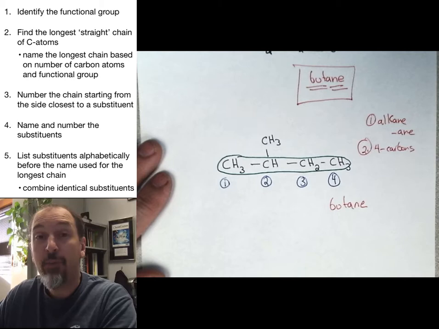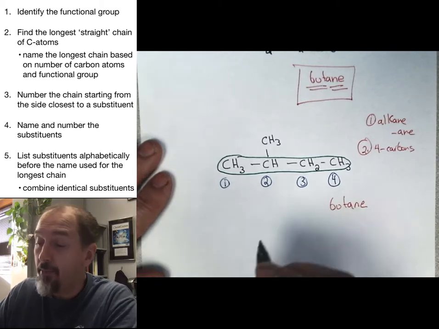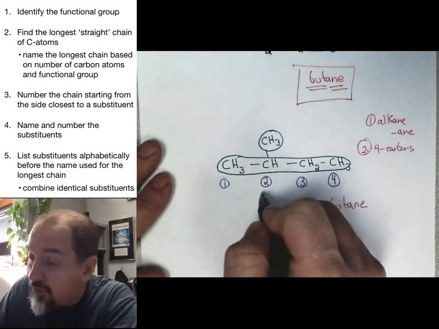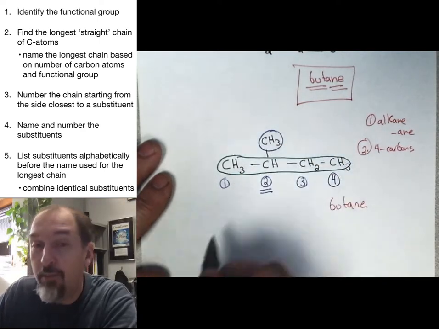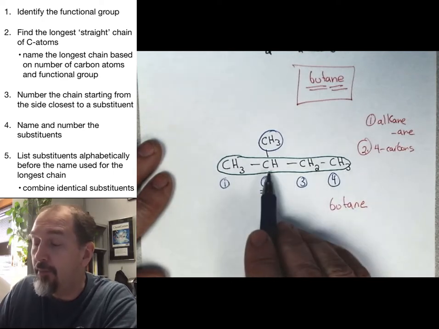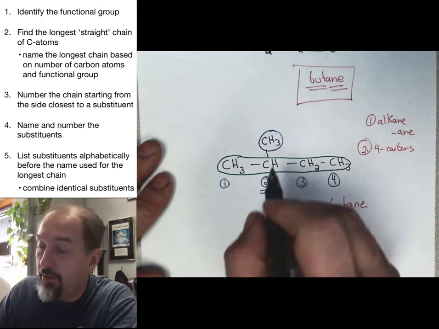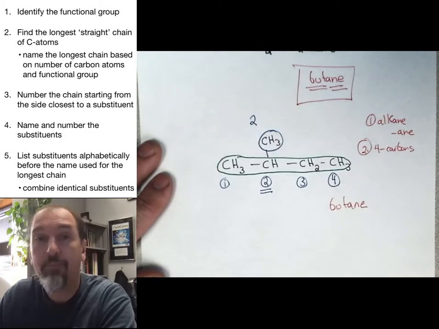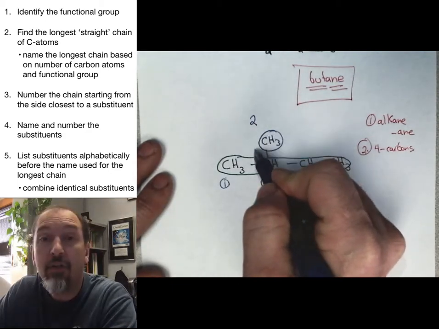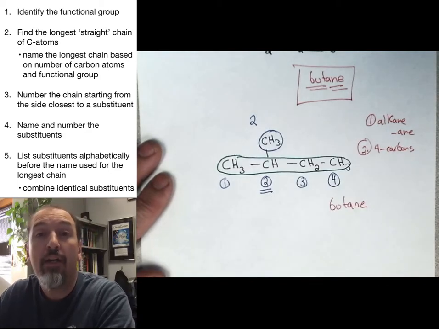Now for the last part, we name and number the substituent. The first thing that we do is we look to see what number carbon it is attached to. That's attached to the second carbon atom in the main chain. So that 2 right there is going to give me a 2. Next, I look to see how many carbon atoms I circled. I circled one carbon atom.